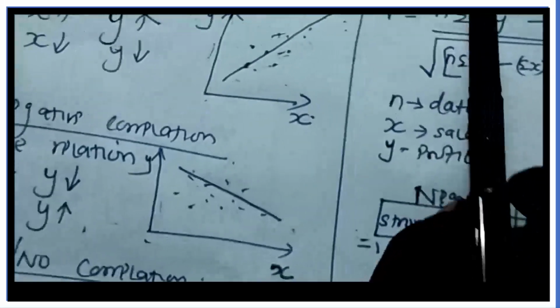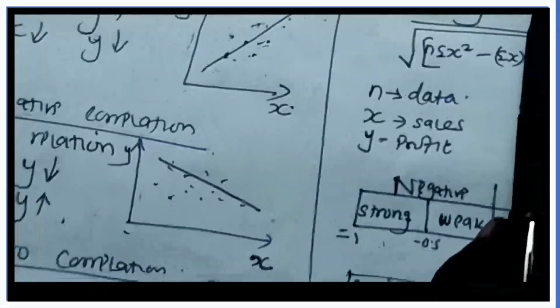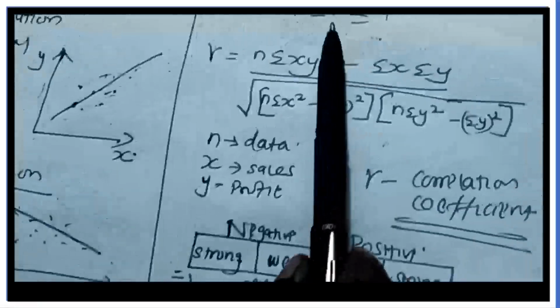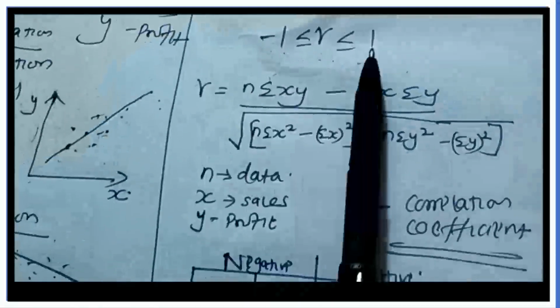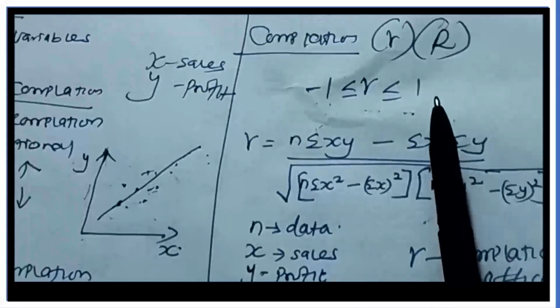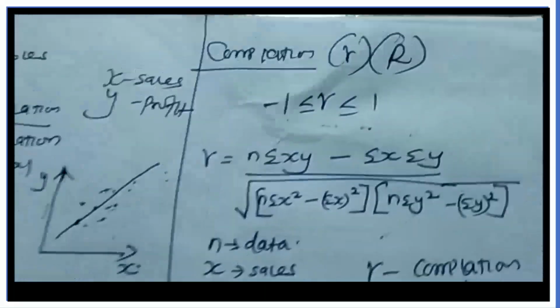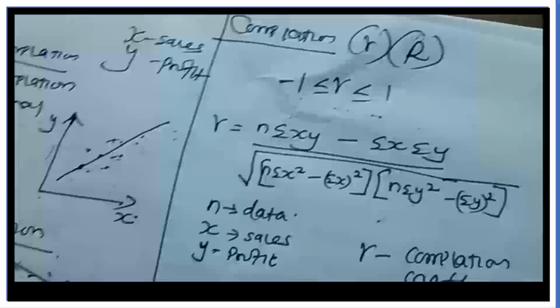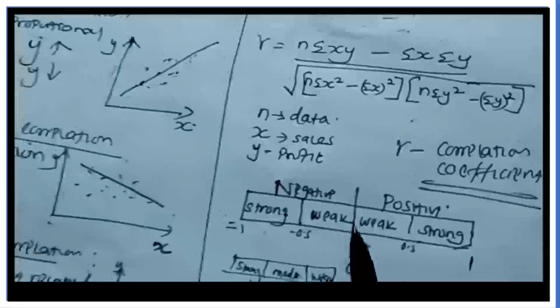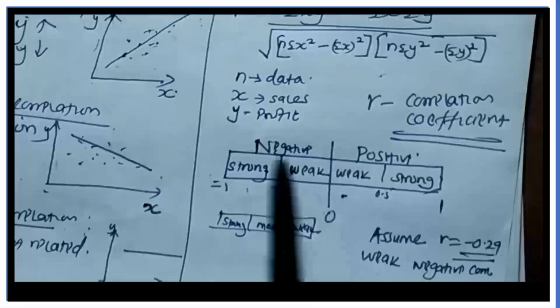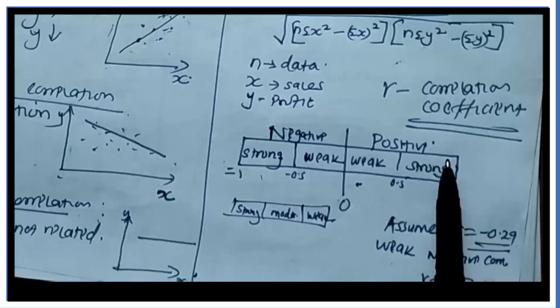We said when you are calculating the correlation coefficient, our R is between -1 and 1. So the closer you are to -1 and 1, the stronger it is. I explained with this small illustration that if we divide from -1 to 1 with the 0 in the middle, here we have negative correlation, here we have positive correlation.